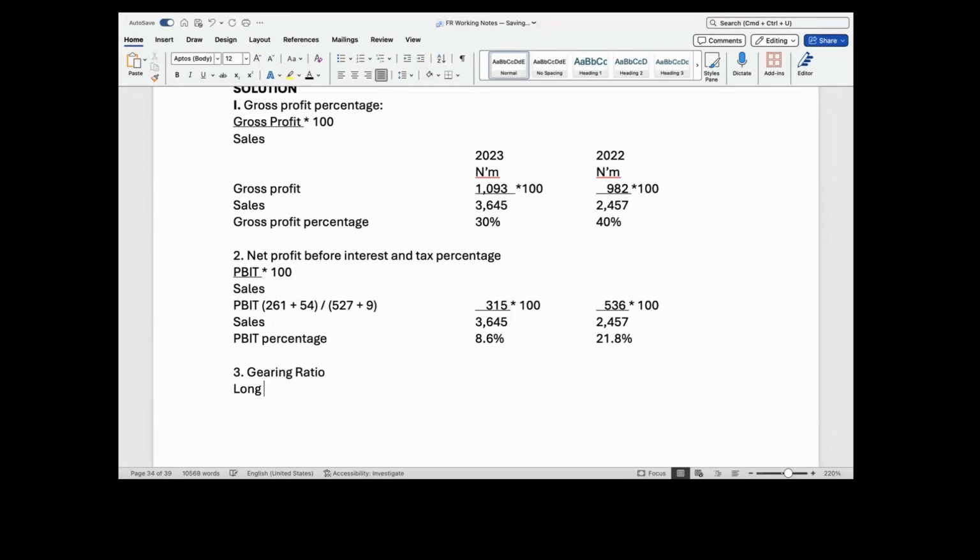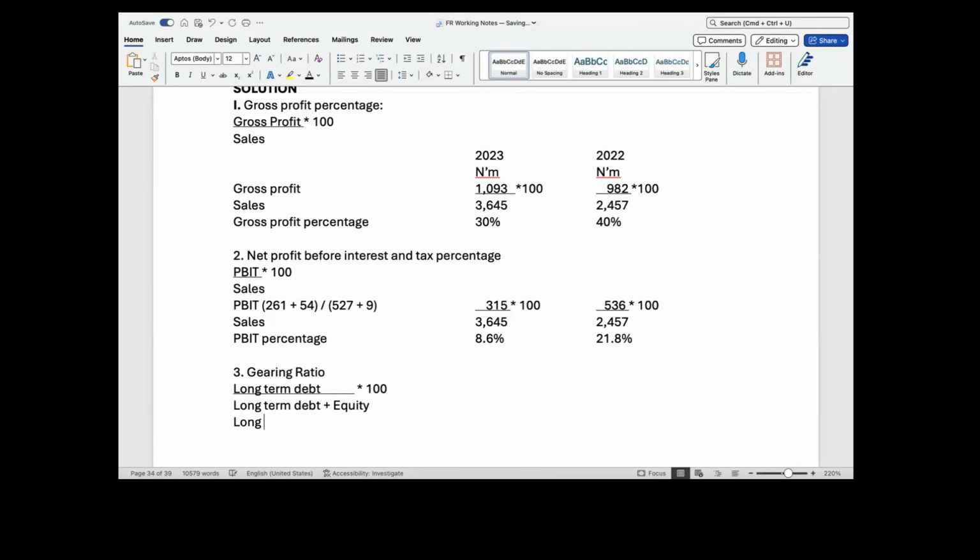That's correct. Long-term debts, all of them, plus equity, times 100 over 1.